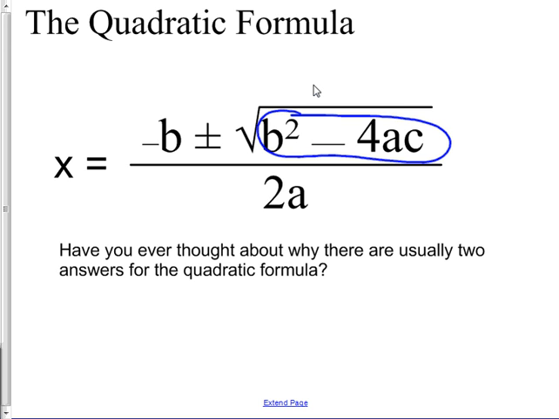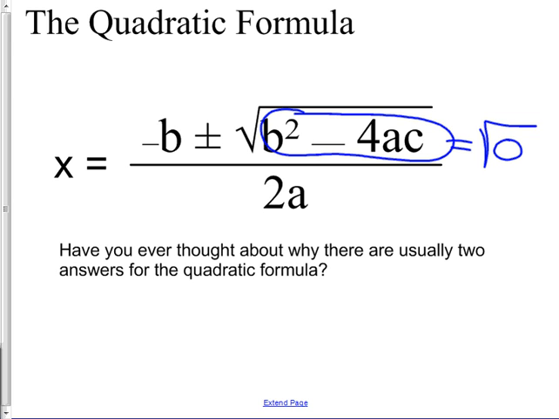Okay? Now one more thing that can happen, of course, this can be positive or negative, or what's the third alternative? 0. If this part that's underneath here comes out negative, I think you all get that that means you aren't going to have any answers. But what happens if this part underneath here turns out to be 0? Like I find b squared minus 4ac and it comes out to 0. Then I've got the square root of 0.